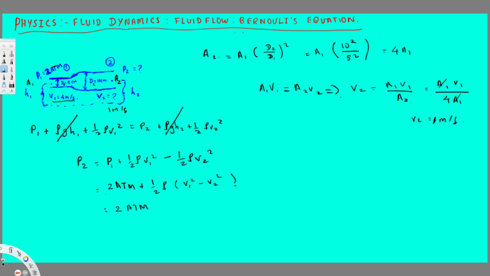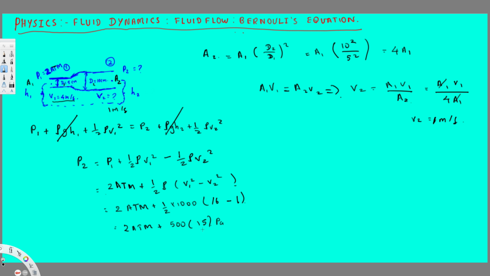2 atm, plus half, the density of water is 1000, so that's going to be 1000, times V1 square, 4 square, which is 16, minus 1 square, 1. We get 2 atm plus 500 times 15. This is in atm, this is in Pascal, right? We have to convert this into Pascal.